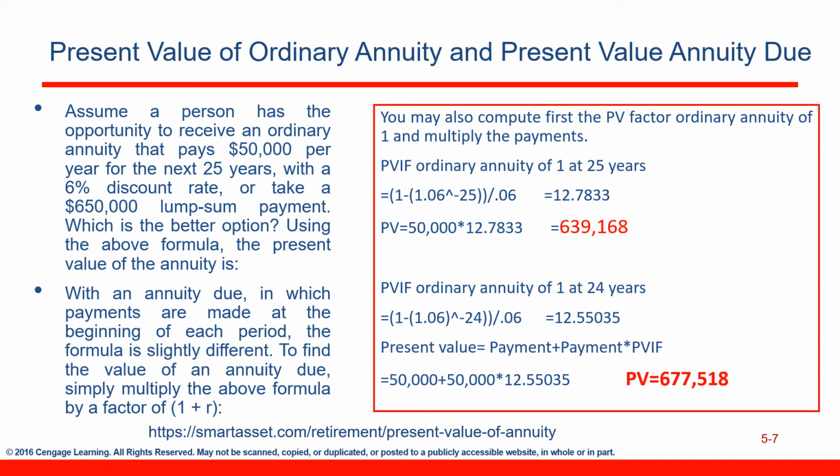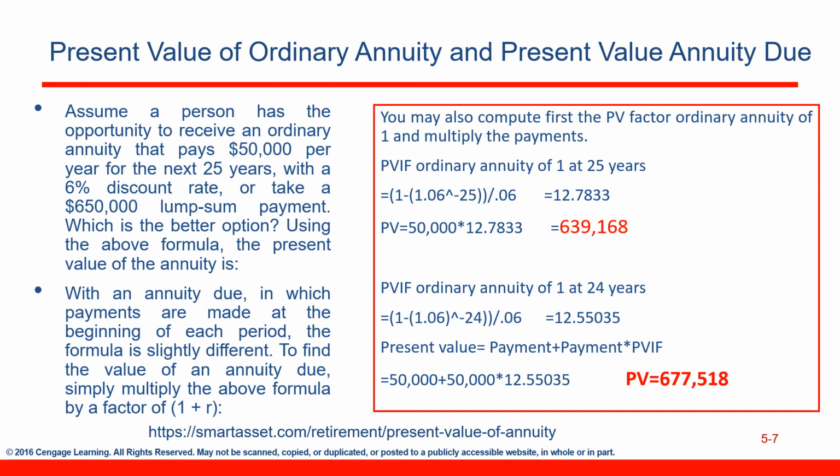This applies if the present value factor given in your examination is only for 24 years instead of 25 years. So how would you do it? This is for annuity due.